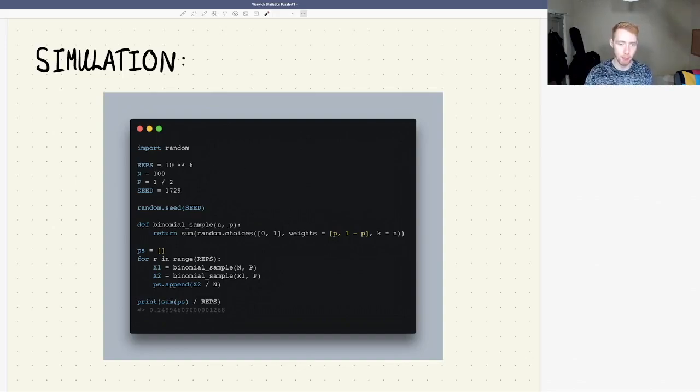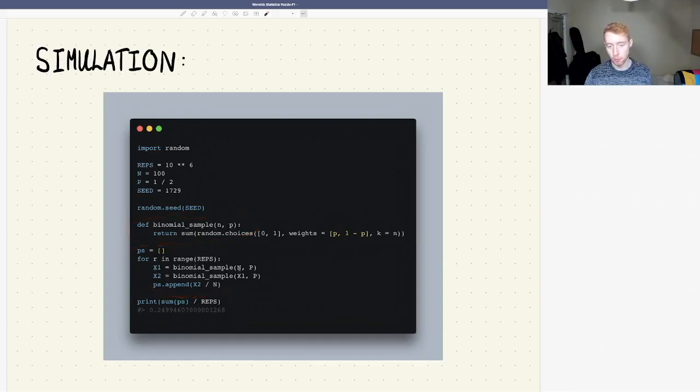We repeat the experiment multiple times, 1,000,000 here. I just picked n being 100, and a probability of 1/2 because they're fair coins. And we use a random seed just to make sure that our experiment is reproducible. We have a function to generate binomial samples, and then we just run the experiment multiple times.